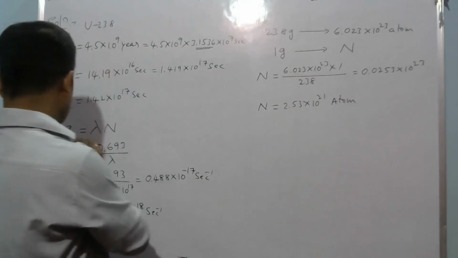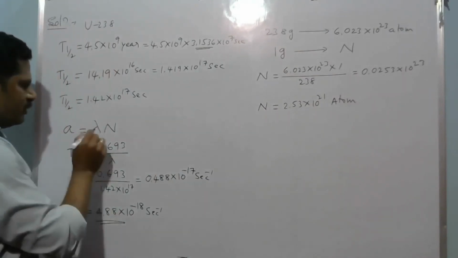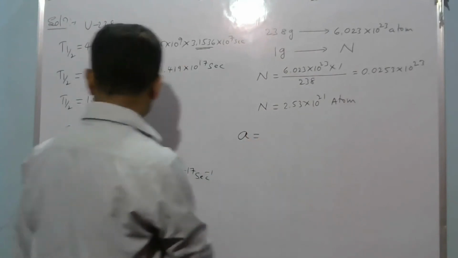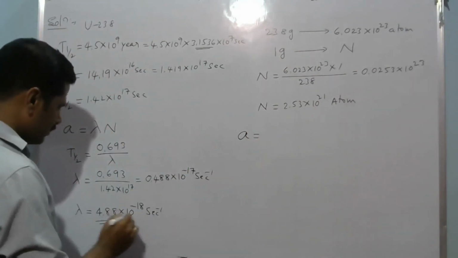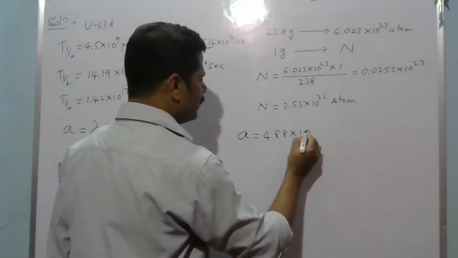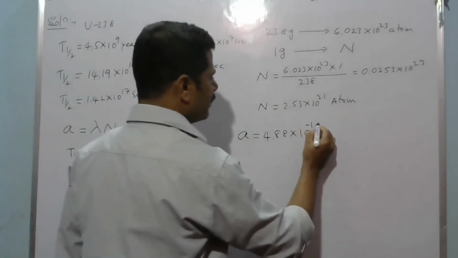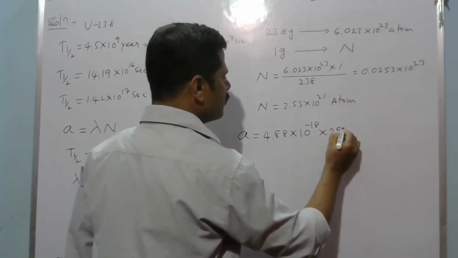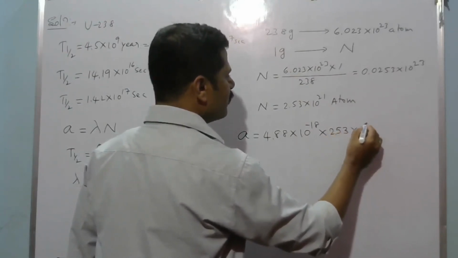These many atoms are present in 1 gram of uranium substance. Now we can calculate the activity of the radioactive substance, which is given by lambda N. Let me substitute. Activity is equal to lambda, which is 4.88 into 10 to the power minus 18, into the number of atoms in 1 gram of uranium, 2.53 into 10 to the power 21.